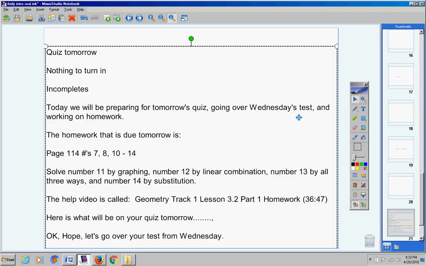Now look carefully at what I did. Hope, if you'll look back, you're at number 22. If you'll look up at number 2, look on the left side where it says statements. I'm going to go really slow here.